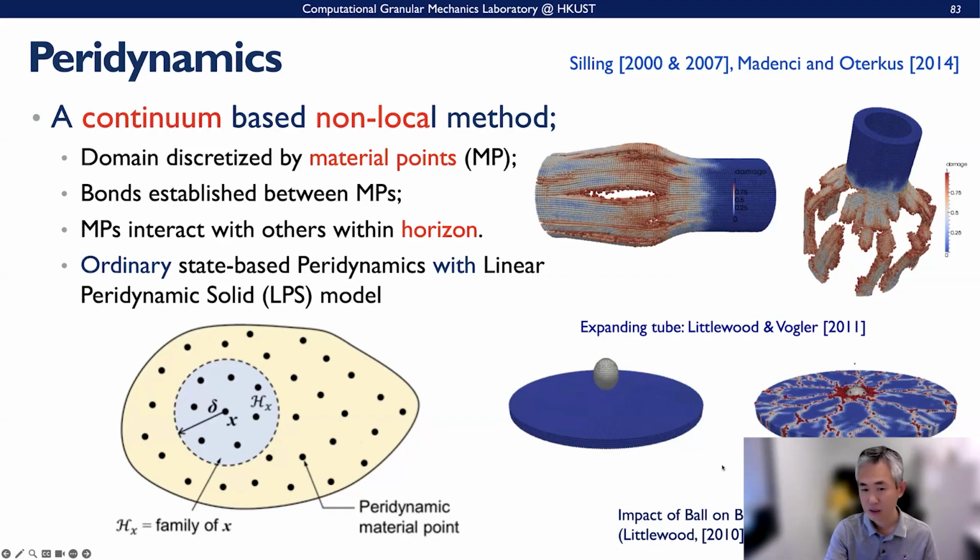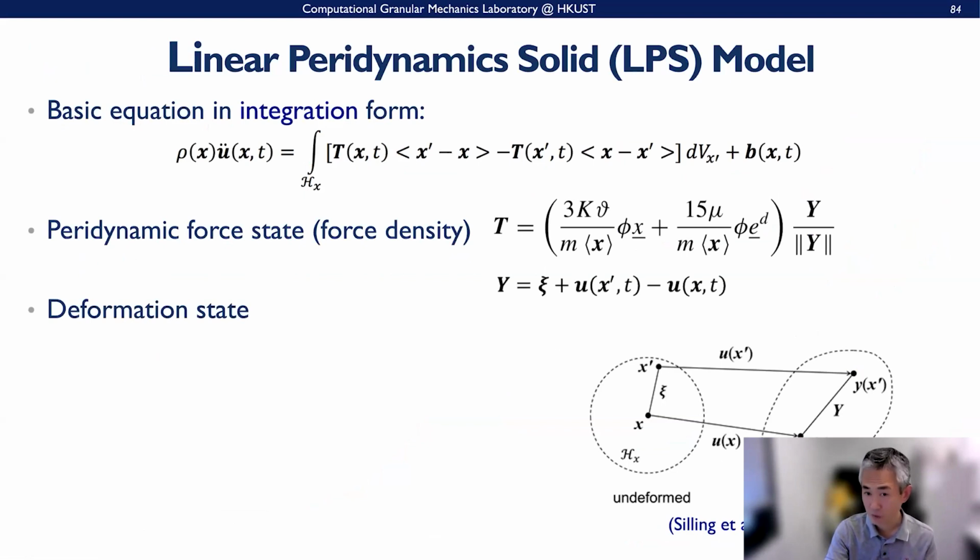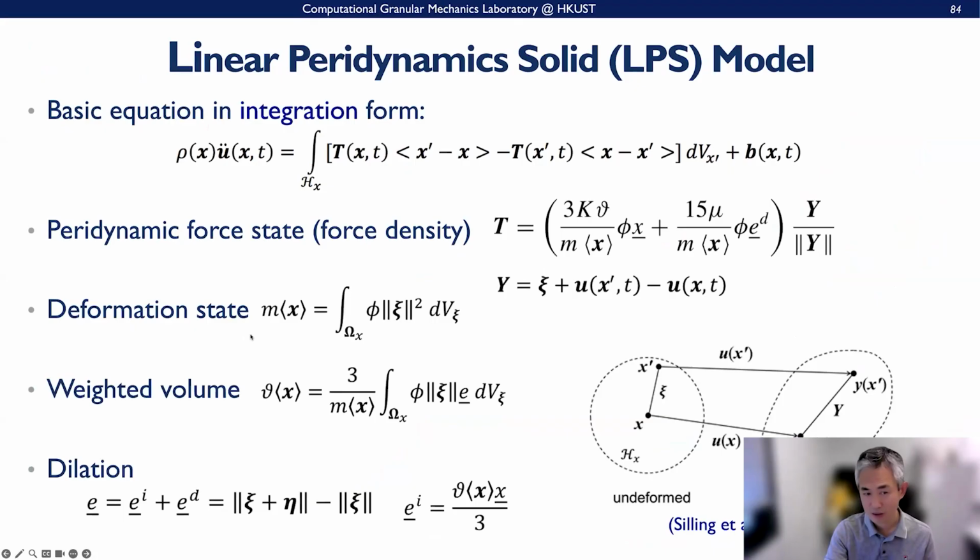problems shown here. The basic equation is in the integral form rather than a PDE form. You can develop a peridynamic force with deformation, and then calculate dilation on the part here. This is a typical ordinary state-based peridynamics with a linear peridynamic solid model.